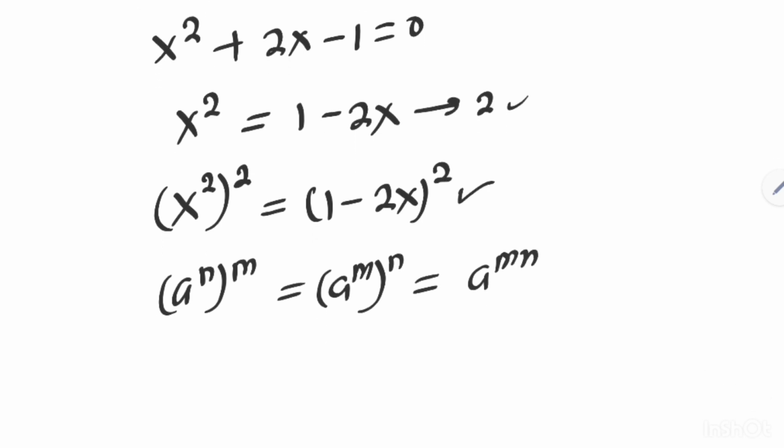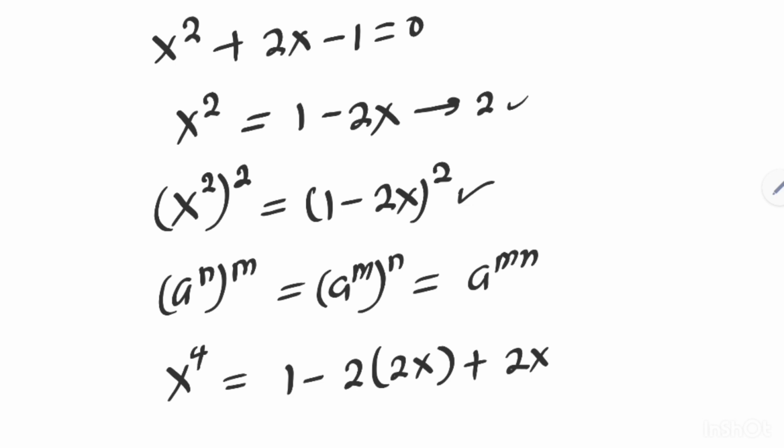Then this can be written as x raised to power 4 is equal to 1 minus 2x all squared.